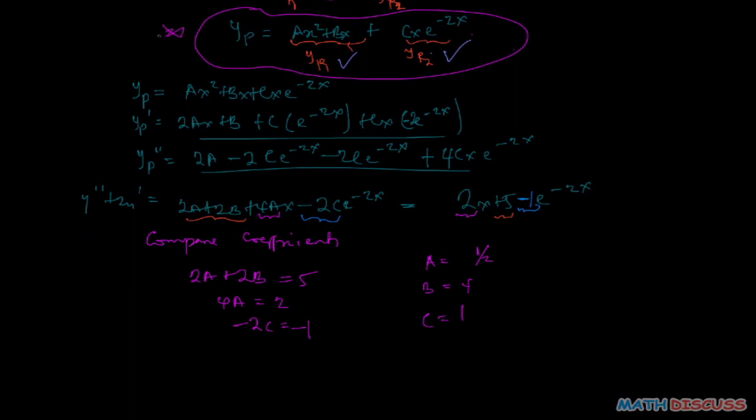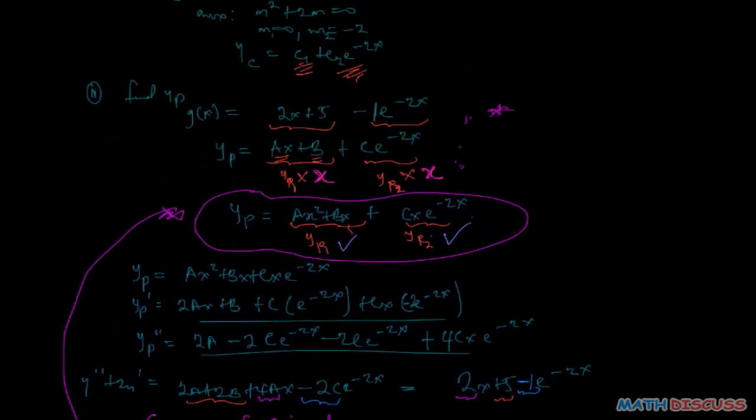So using this, we have our yp now to be ax squared, where our a is half. So it's going to be half x squared plus bx, where b is 4, so plus 4x, then plus c as 1 times x e to the power minus 2x. So that is our yp. And then in conjunction with the yc we had earlier on, this is our yc.